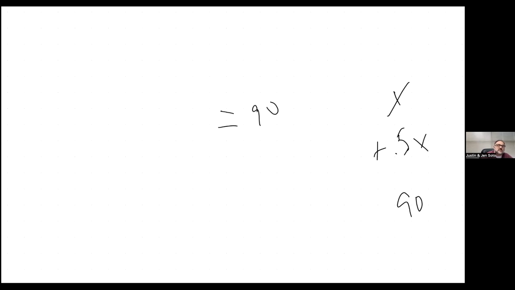See if that helps. Angle plus half of its complement is equal to 90.